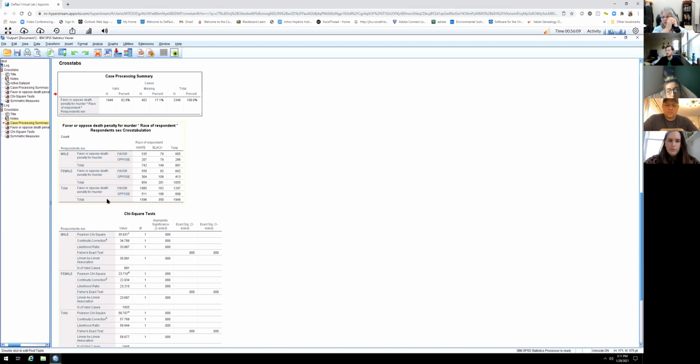So we will take the black unit and the white unit for the X, the value of black and white, and we will separate out the females and males out of each of those categories and see if the relationship still remains.